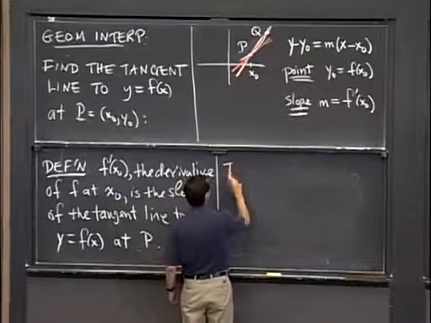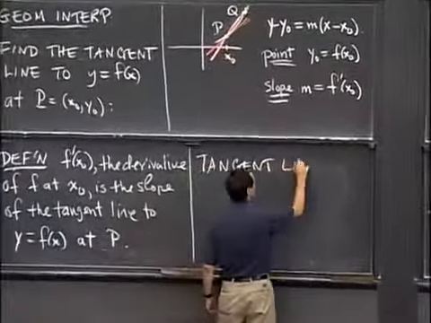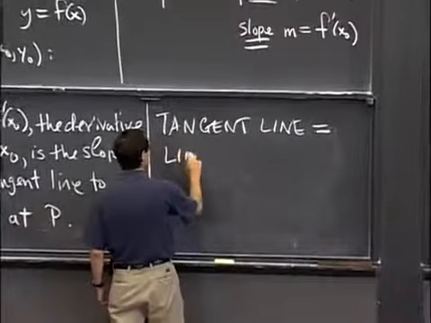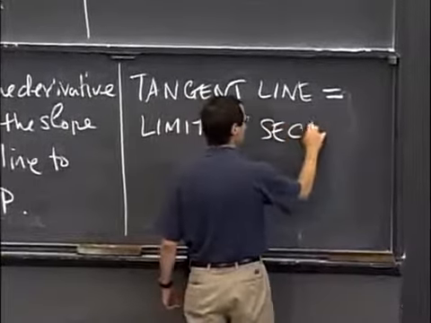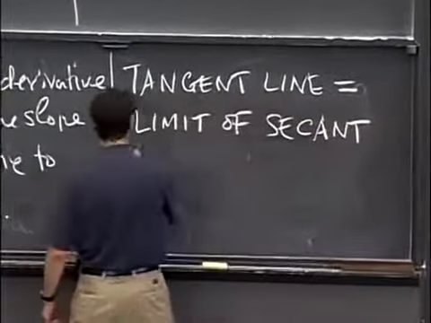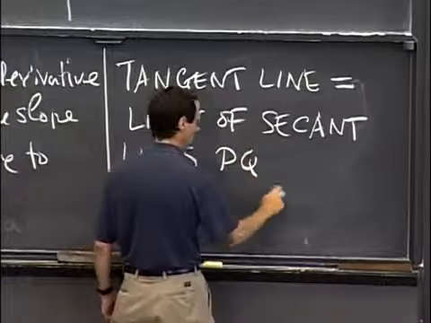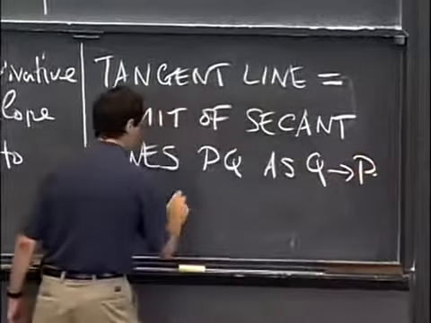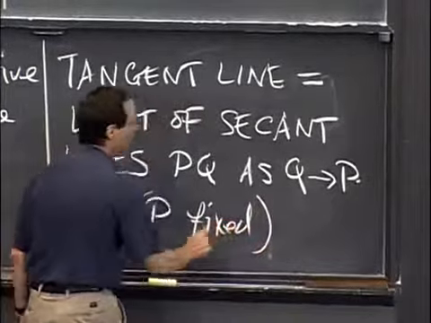So the tangent line is equal to the limit of what are called secant lines, PQ, as Q tends to P. And here we're thinking of P as being fixed and Q as varying.